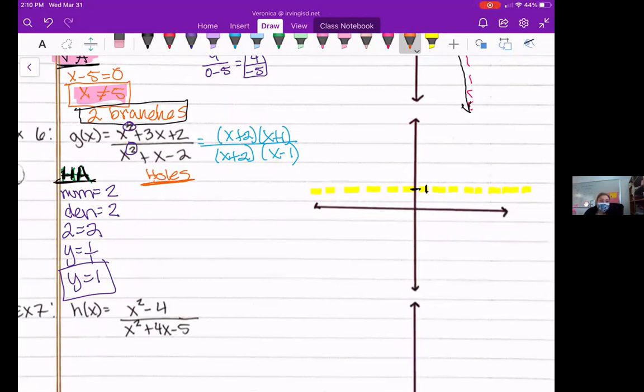What am I looking for? Go look at your notes in the front. How do I know if I have a hole?